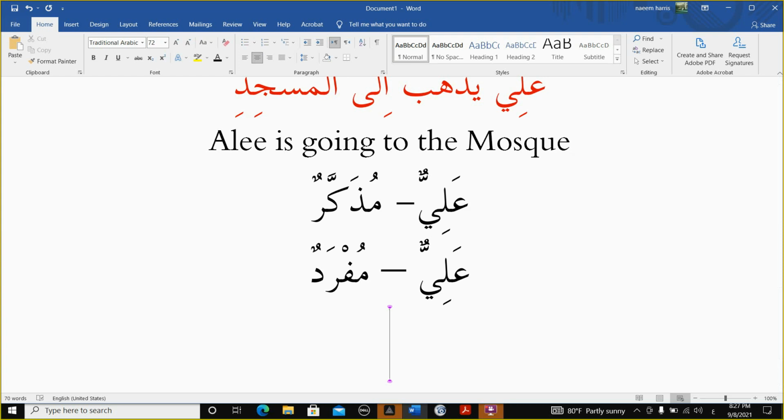So the verb has to agree. فنقول يذهب. So we use the singular masculine verb.